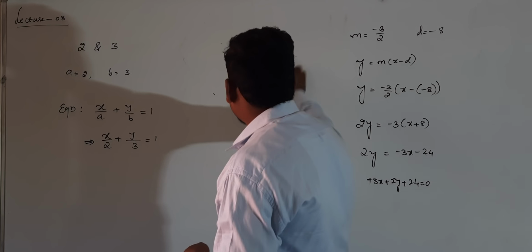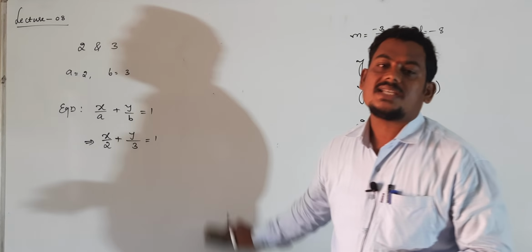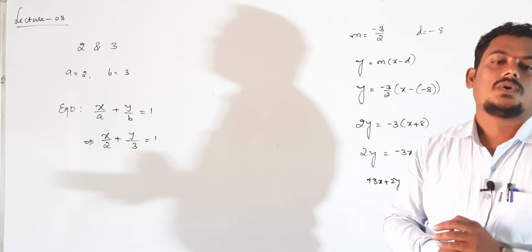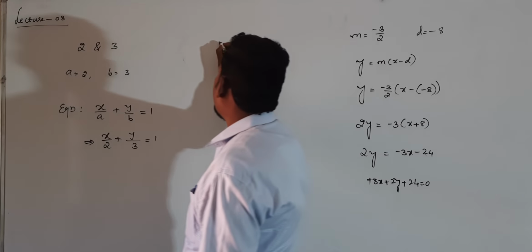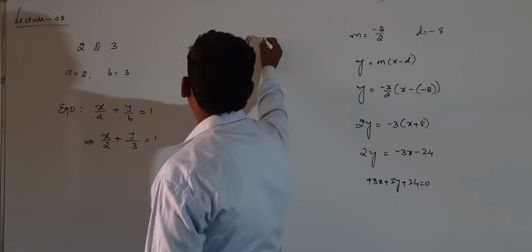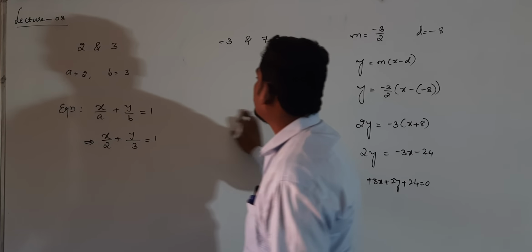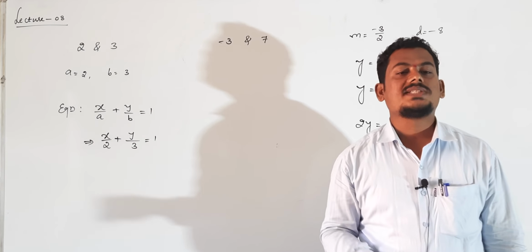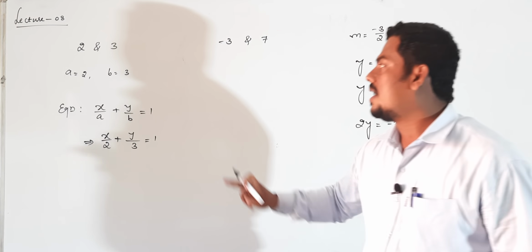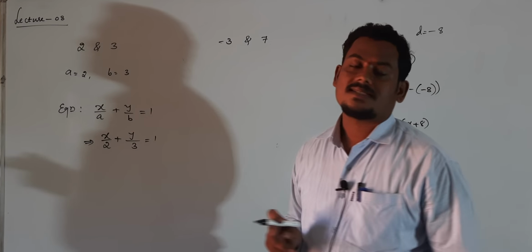Next problem, find the equation of the line whose x-intercept and y-intercepts are minus 3 and 7. Find the equation of the line whose x and y intercepts are minus 3 and 7.